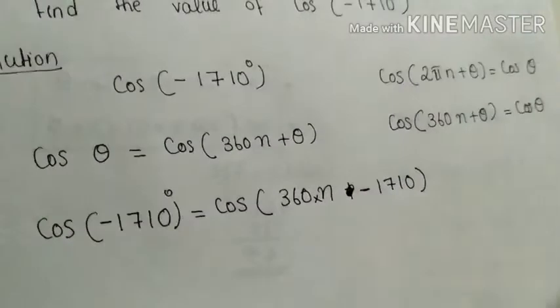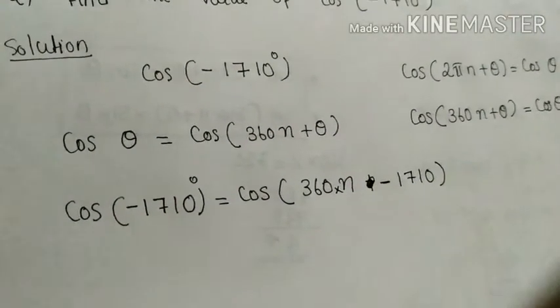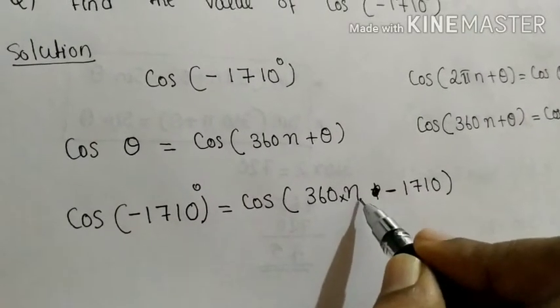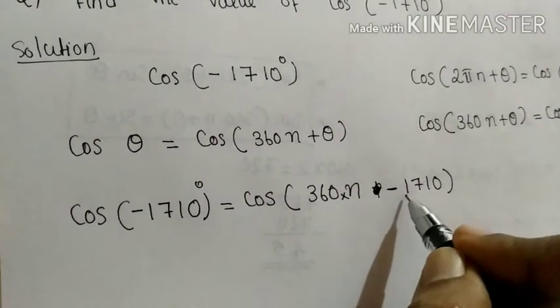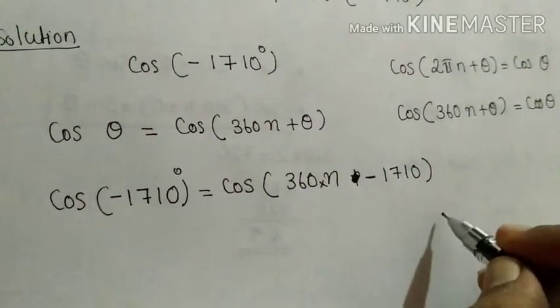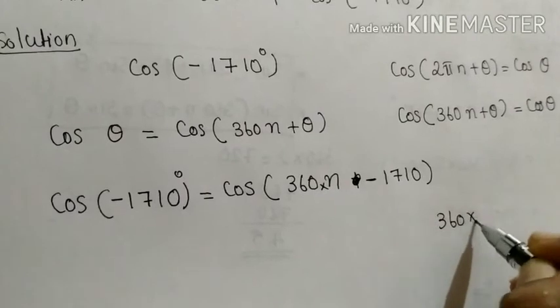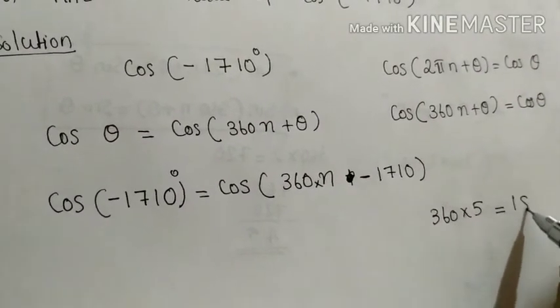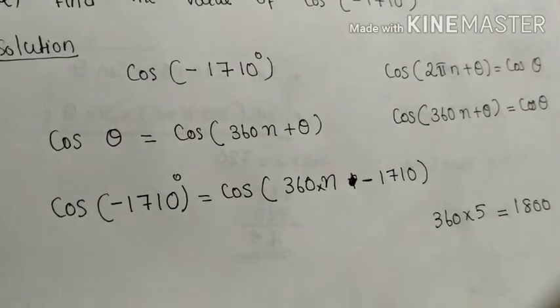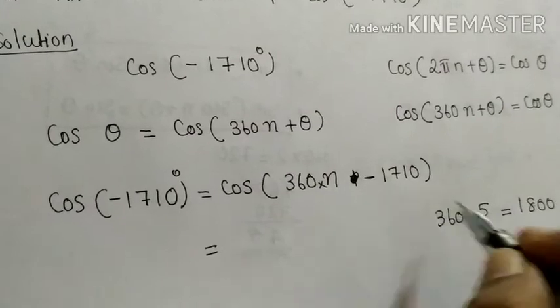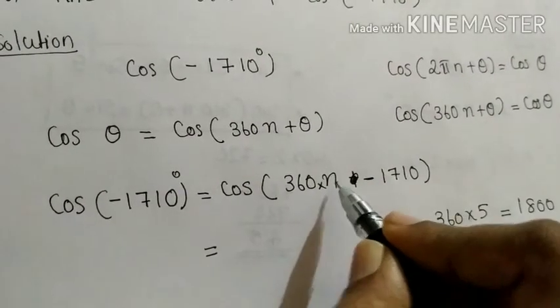Next we need to find the value of n, which is nearly equal to the given degree value. So we know that 360 into 5 is equal to 1800. So next I am going to replace this n by 5.